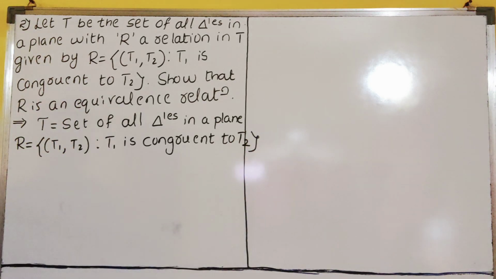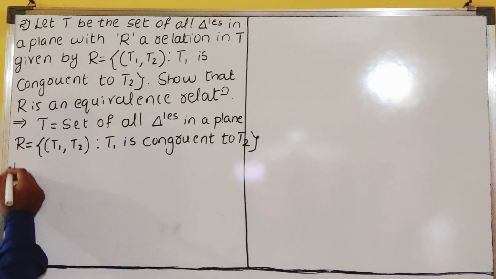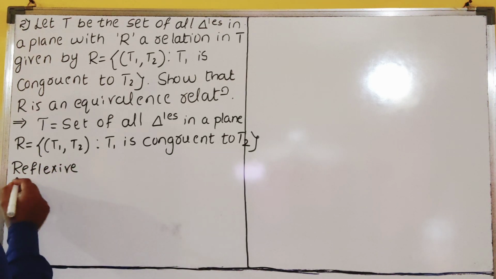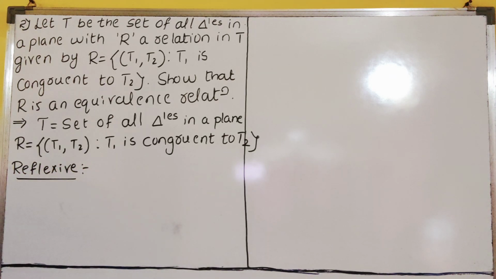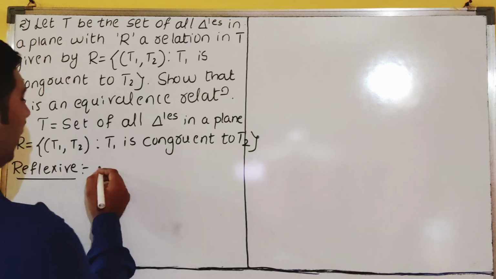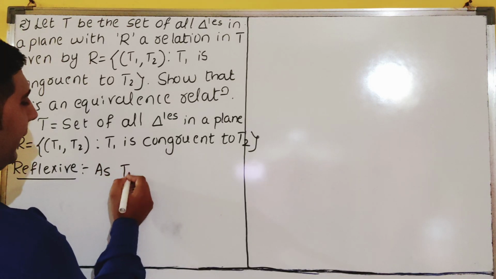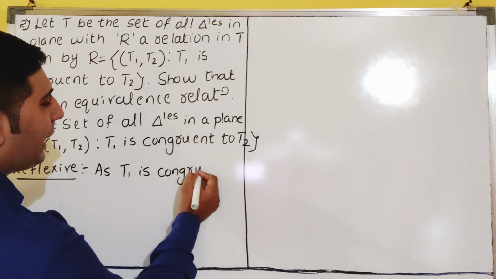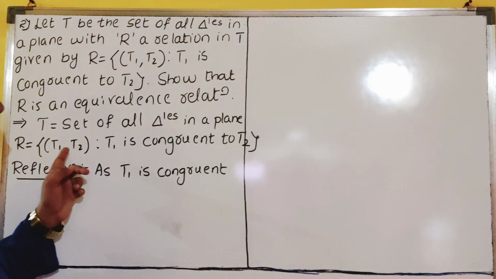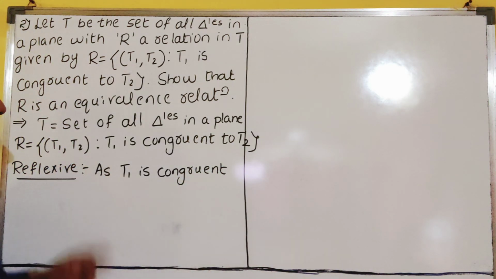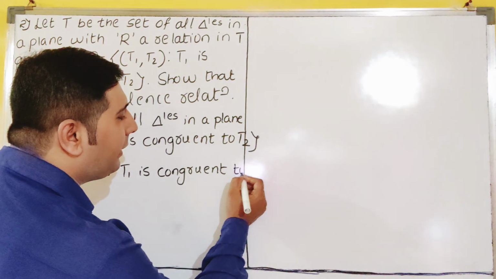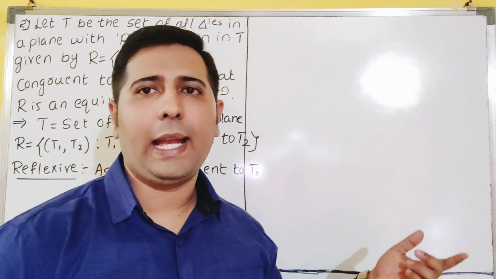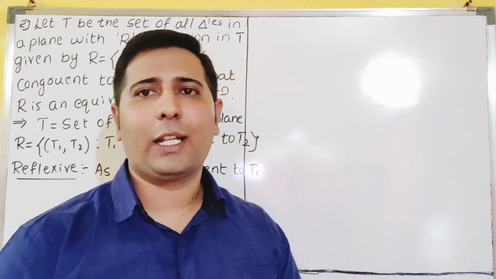T1 is congruent to T1, yes or no? Reflexive means T2 is replaced by T1 only. Congruent means corresponding angles and corresponding sides are equal.